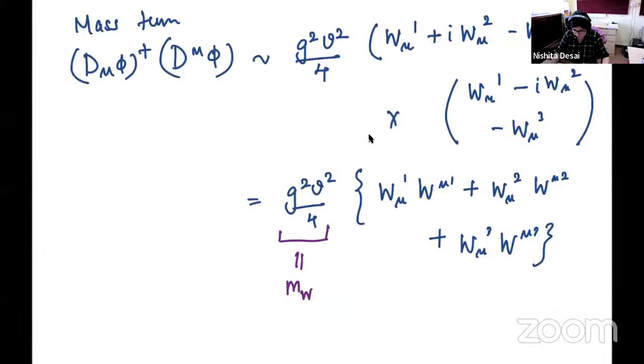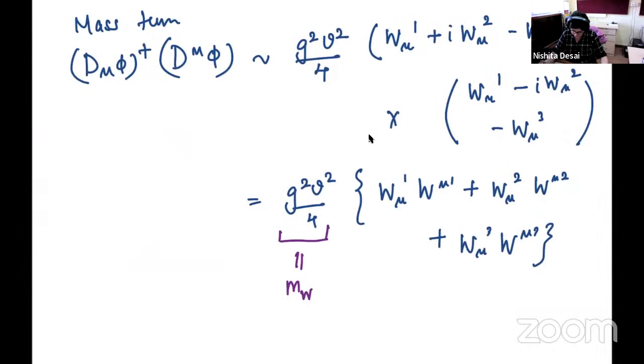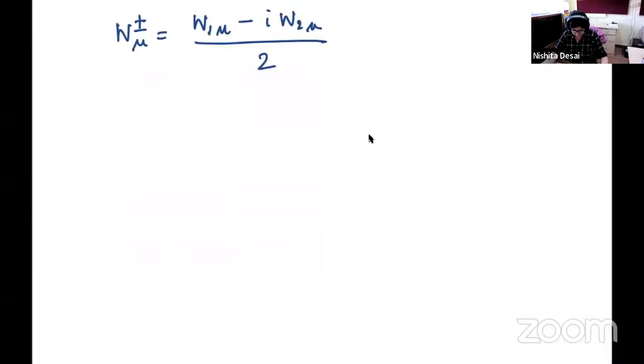You can also try and redefine your W plus minus gauge bosons as before. So what you can do is define them like so. Okay.